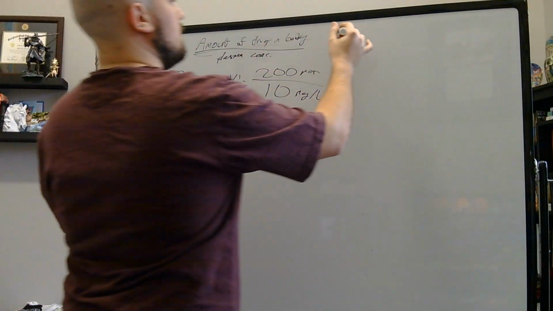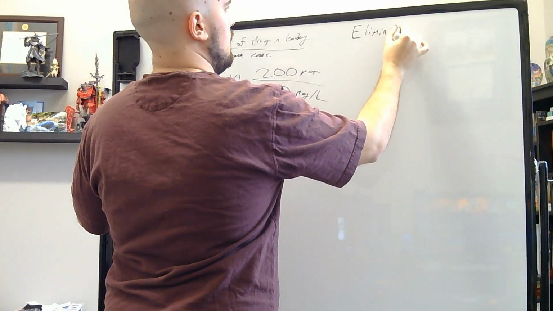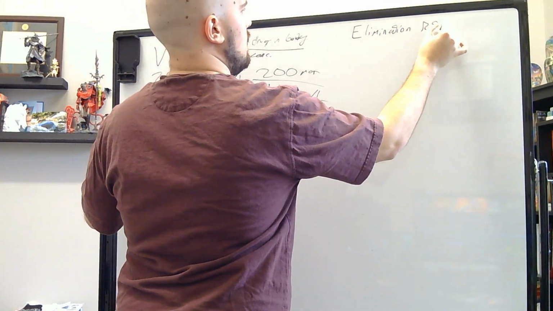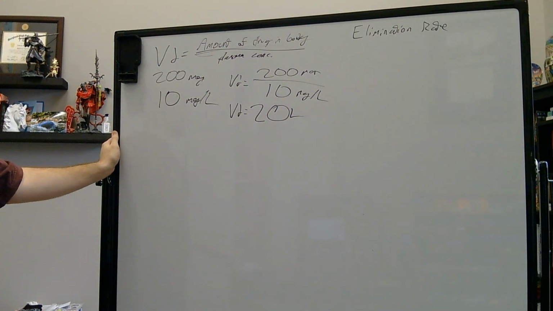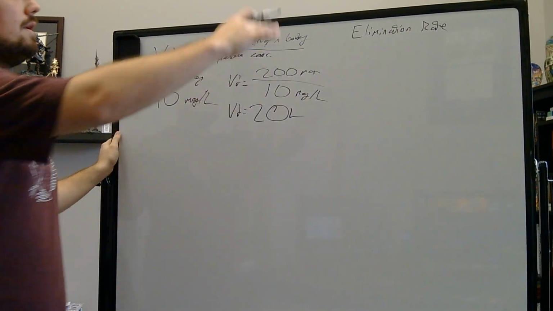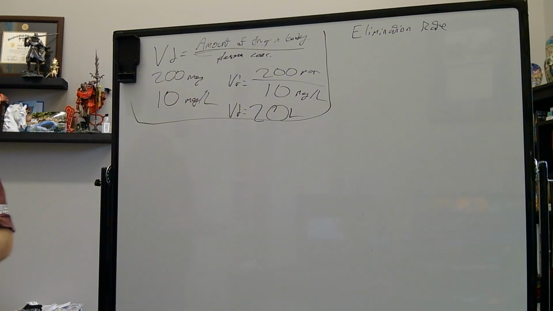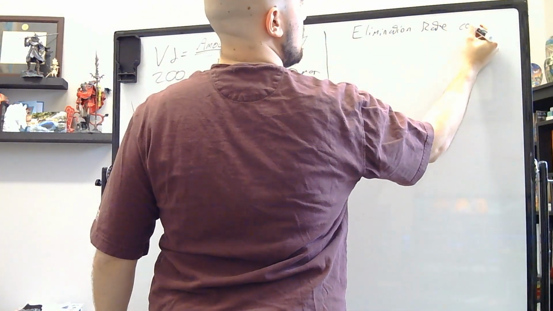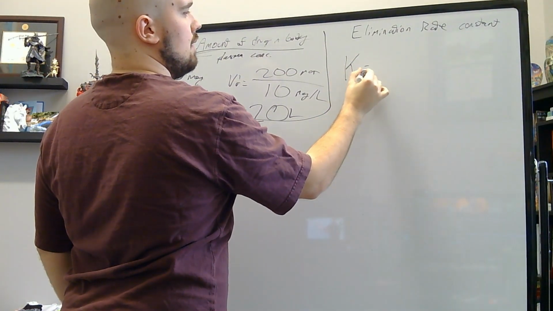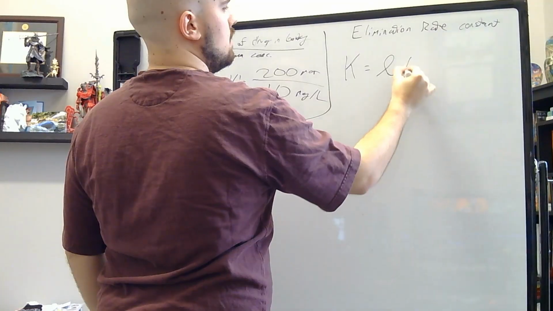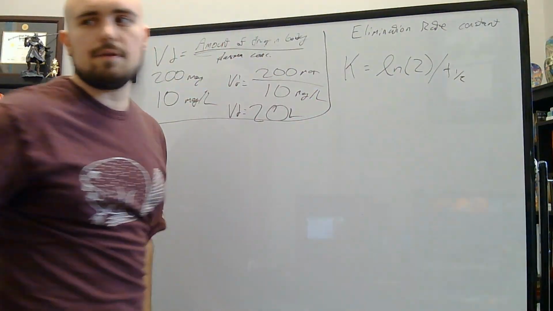So, elimination rate constant. This is all building towards measuring the clearance of a drug in the body. So the next thing that you need is the elimination rate constant, which is K, equals the natural log of 2 divided by your half-life.